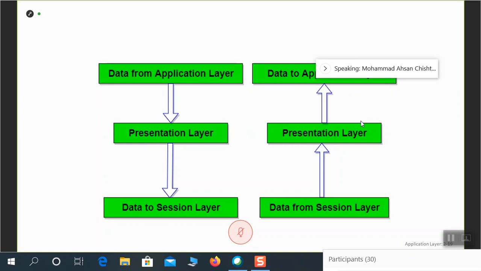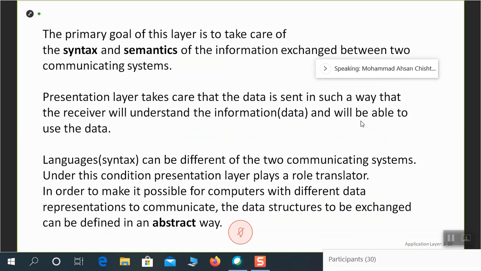In case there is some processing that must be done to the data when the application tries to send it over the network, it will take care of that. So in simple terms, we would say that the presentation layer defines the format in which the data is to be exchanged between the two communicating entities.